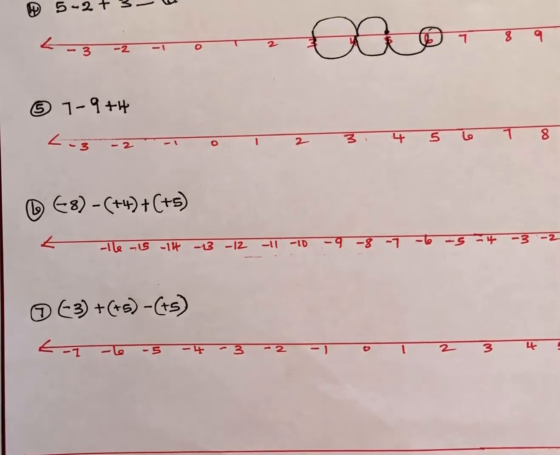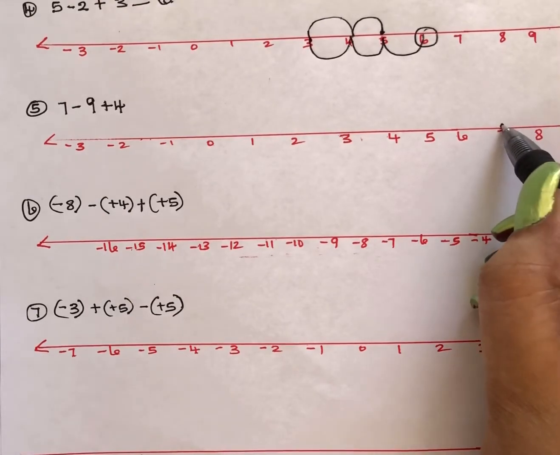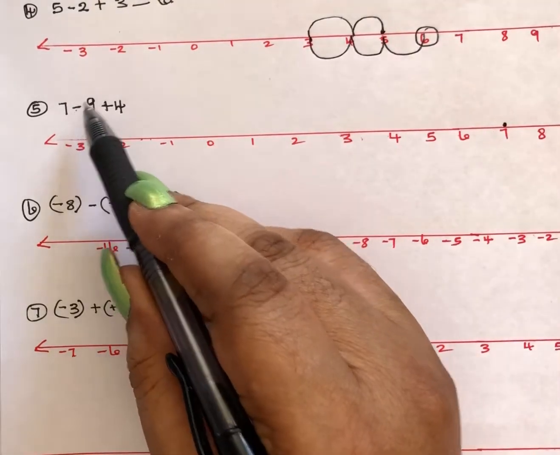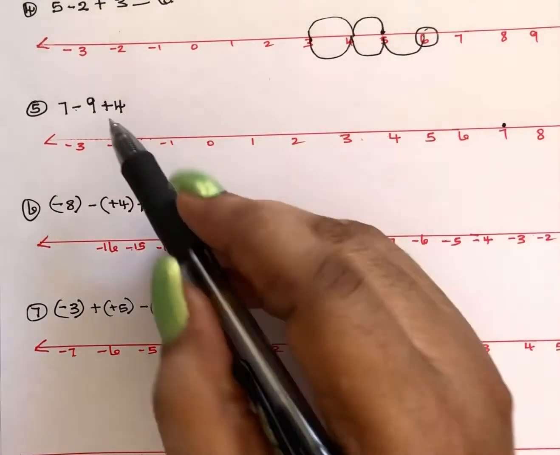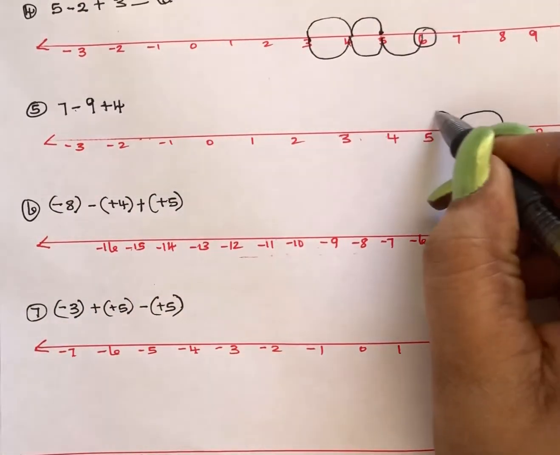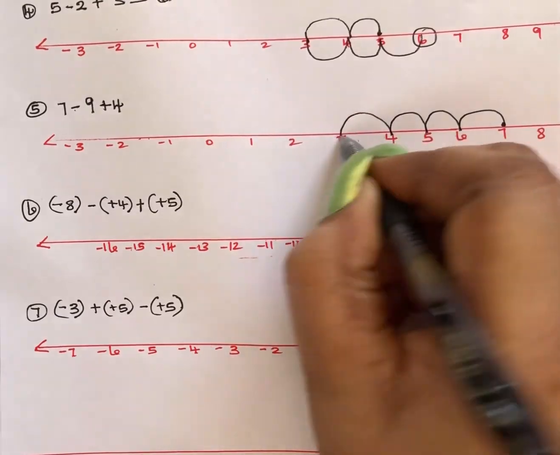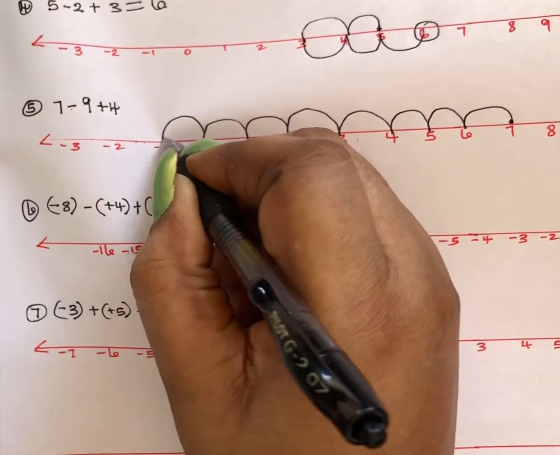Alright? Next question. My starting point is 7. And I want to subtract 9. When we subtract, we move to the left. So I'm going to make 9 moves to the left. 1, 2, 3, 4, 5, 6, 7, 8, 9.